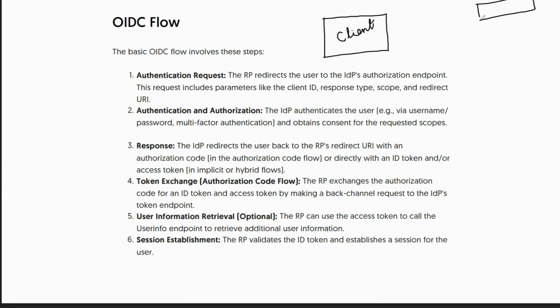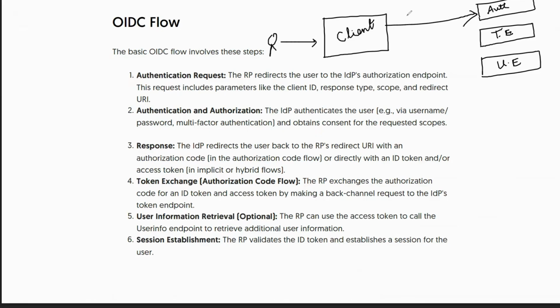And then you have three boxes: let's say auth endpoint, token endpoint, and user info endpoint. Imagine a user tries to log into any application. The client is the one who goes to the auth endpoint and requests certain details.